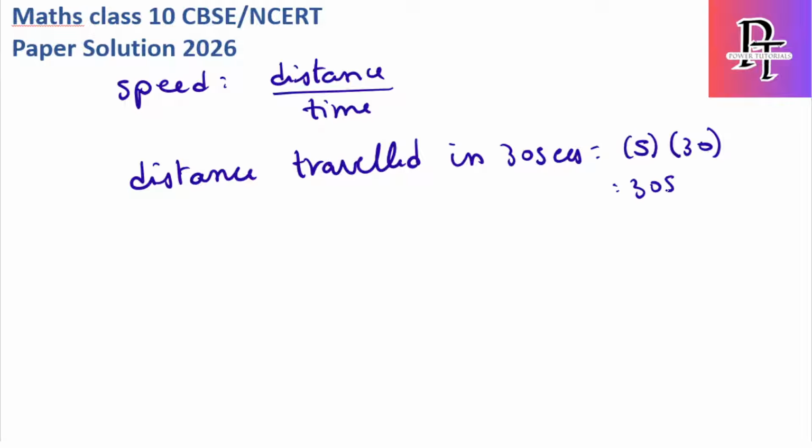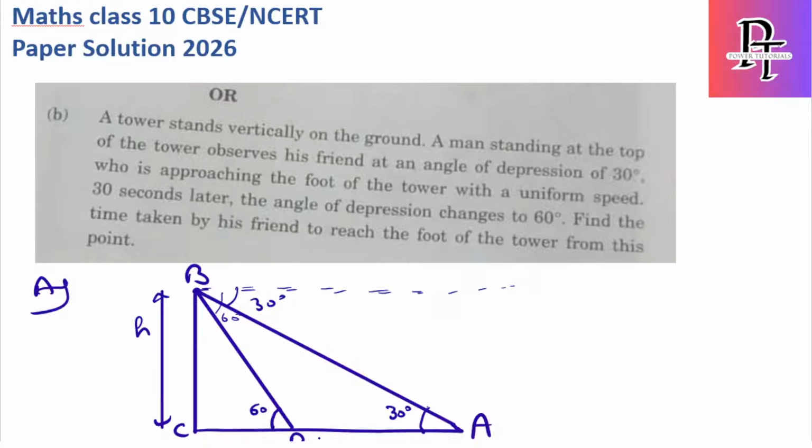So 30S, where S is speed. Now we have this value as 30S, and we don't know this value, so I will write it as X.